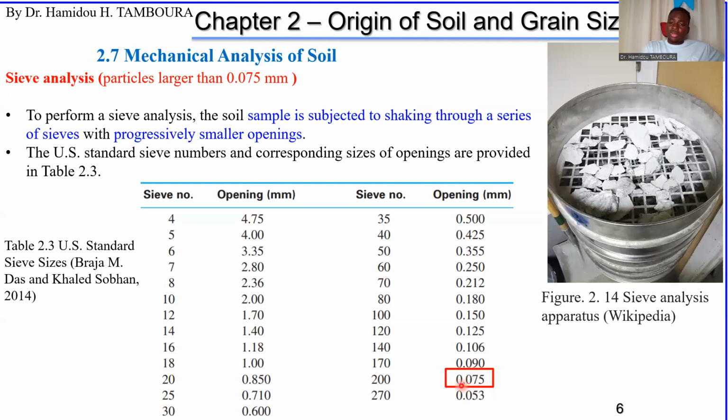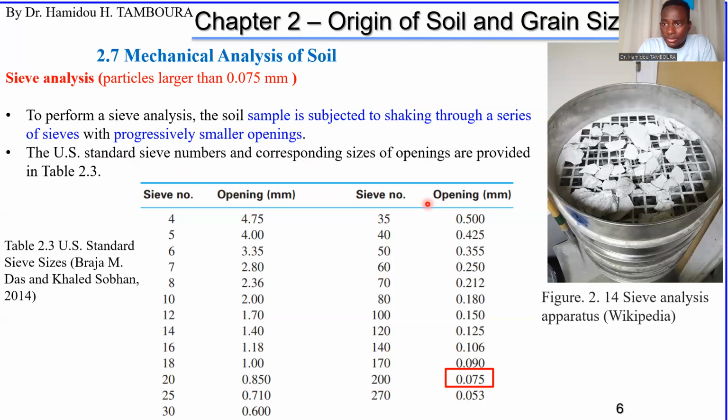but for good hydrometer analysis, people are taking this one around 0.050. It gives better result. So anyway, the soil we use to make hydrometer analysis is obtained from this sieve analysis.